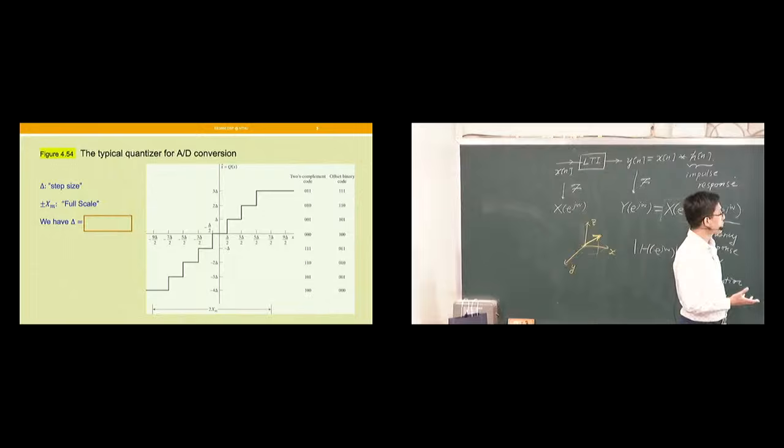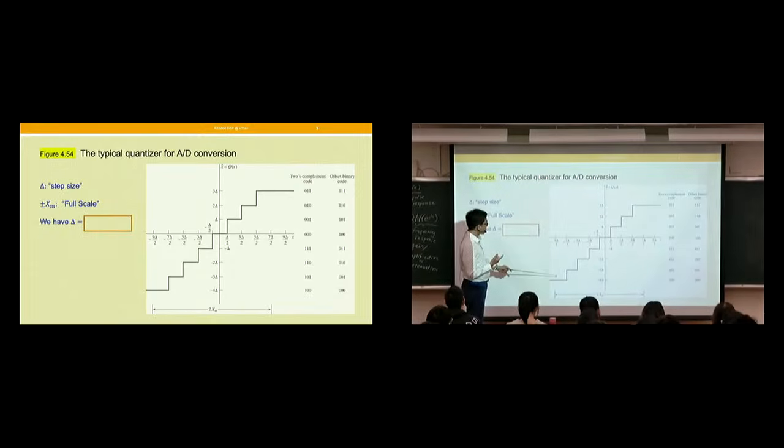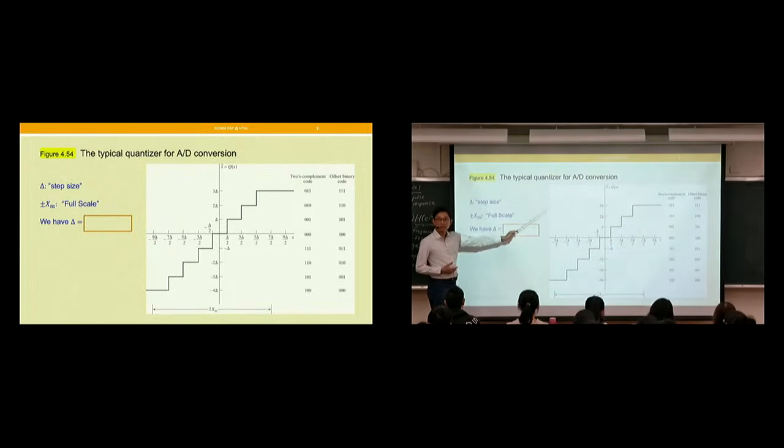If Q is a quantizer, then what it does to your signal is this. For every sample, you find that the output is a step, kind of a ladder. It's like climbing up a ladder, right? You have different levels. Is that clear? So it's piecewise constant.